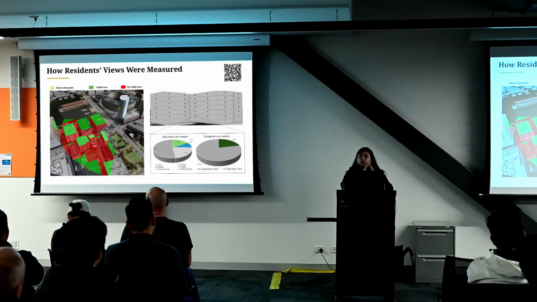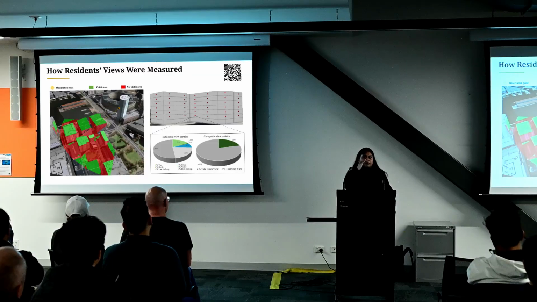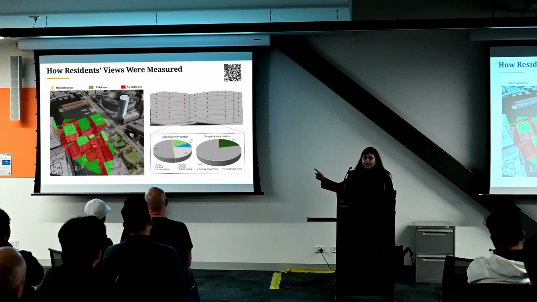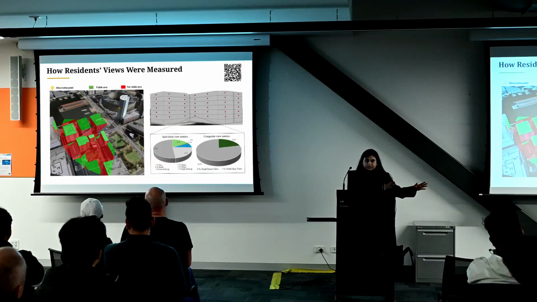I modified it for my own apartments because viewshed analysis runs on a 360 degree angle, which is not correct, right? Because you cannot see 360 from a building. So I scaled it to each apartment location, its orientation, and how much angle a person would look. I set up what we call FOV, field of vision. Within that FOV, the line goes straight to the environment and calculates the visible and invisible surface.